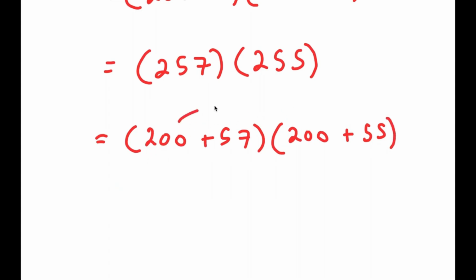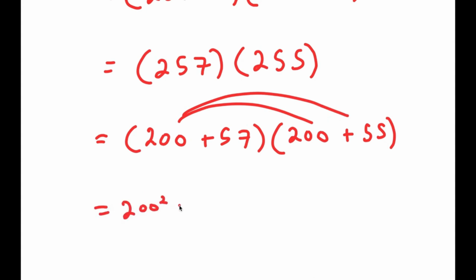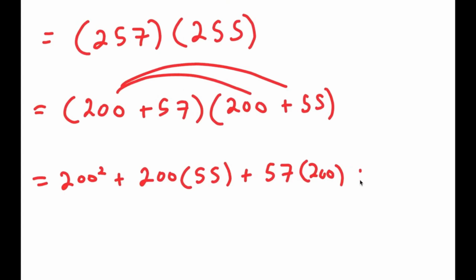And this way I can distribute. So I get 200 squared plus 200 times 55 plus 57 times 200 plus 57 times 55.